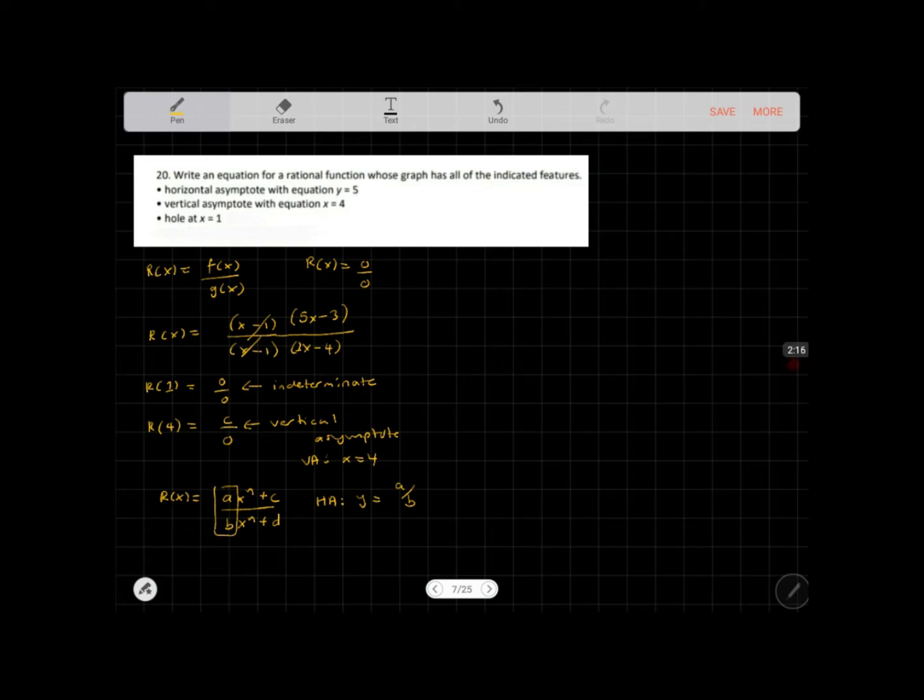So collectively, the function r of x is equal to x minus 1 times 5x minus 3 over x minus 1 times x minus 4 will basically meet all of these criteria. And you can obviously have different solutions to this. This isn't the only answer. Your answers can vary, but for the most part, this is just a really quick way of meeting all of these criteria.